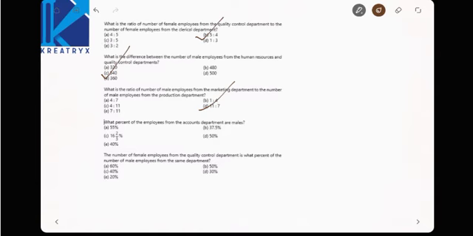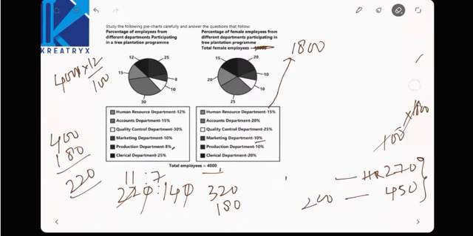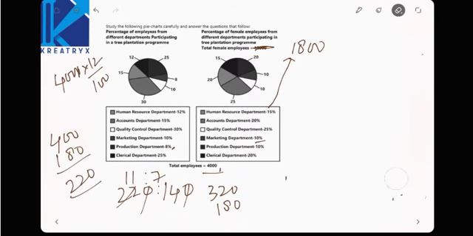Next one, what percentage of employees from the accounts department are male? Okay, for our convenience let us remove some part for calculations. Next, see here, accounts department. So how many females are there in the accounts department? 20% are there. 20% is nothing but equal to 360 members.